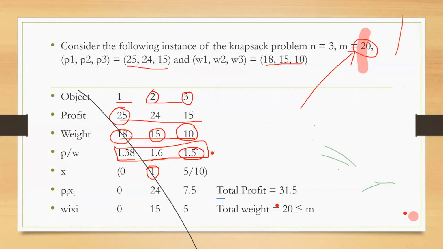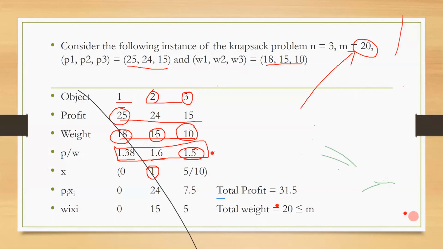It can hold only 5, but object number 3 is 10 kgs. So you have to consider only 5 kgs out of the 10 kg of object number 3, and hence it is written as 5 by 10.